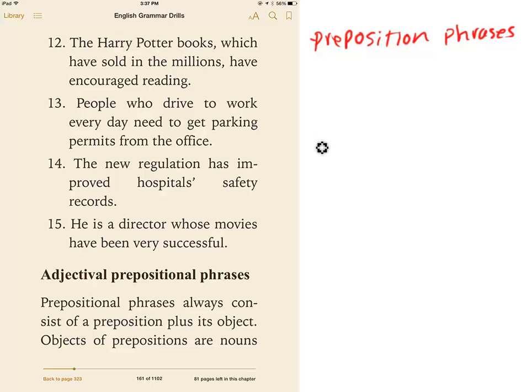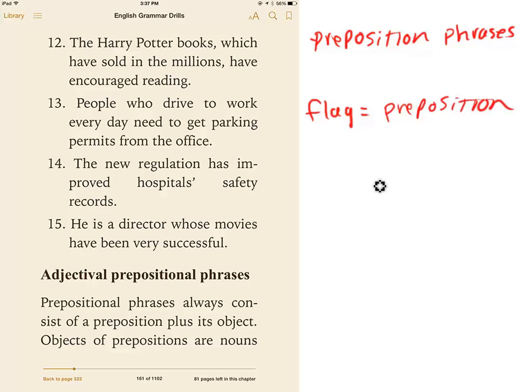Okay, so the first thing that we're going to look at is a prepositional phrase. It is always a group of words. It always starts with a preposition, a flag word. We'll call it a flag word. The flag word is the preposition. So we're going to work on recognizing flag words.